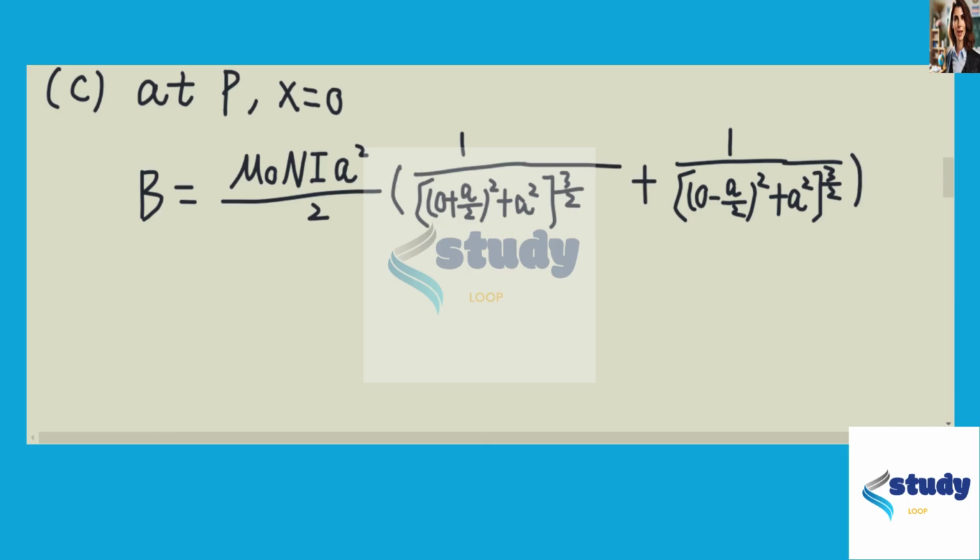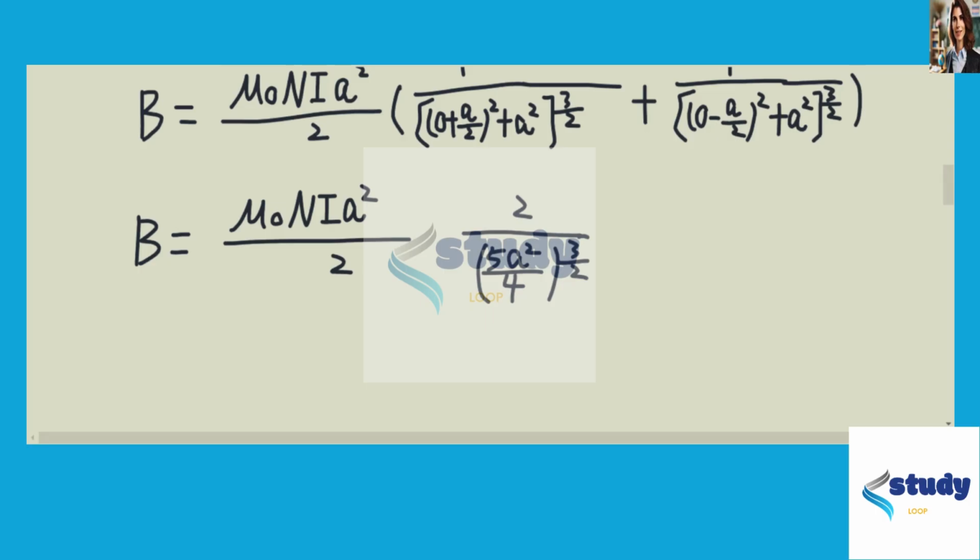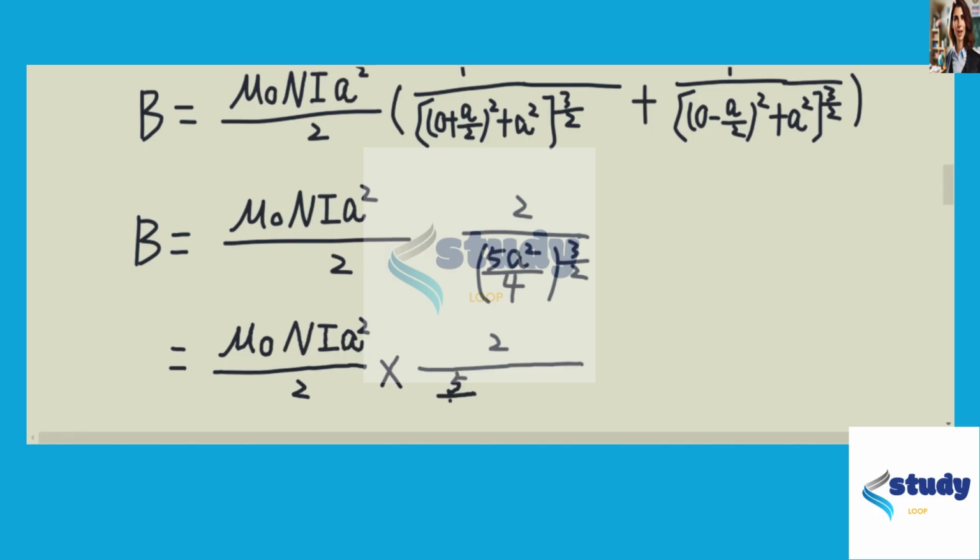And this will give us the magnetic field equal to mu 0 n I a squared over 2 times 2 over 5a squared over 4, and then to the power of 3 over 2, which will give us mu 0 n I a squared over 2 times 2 over 5 over 4 to the power of 3 over 2 times a cubed.